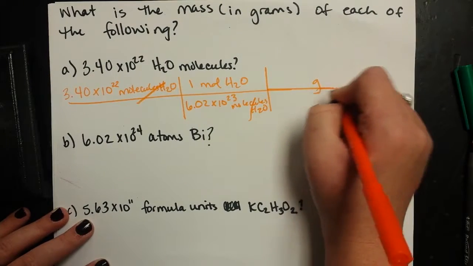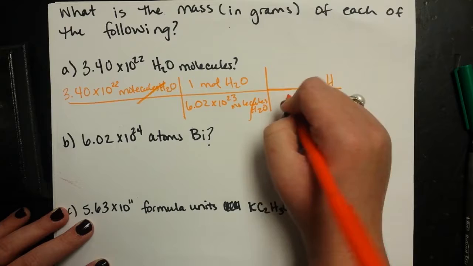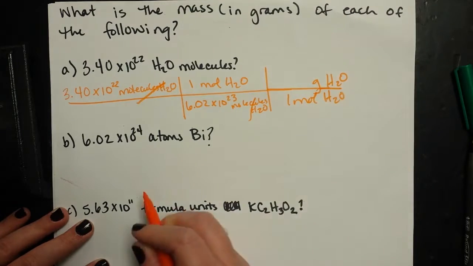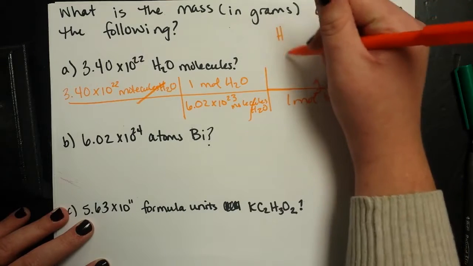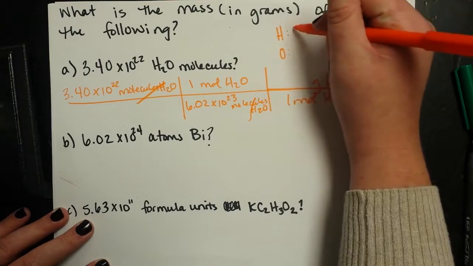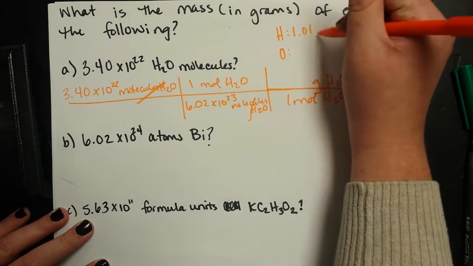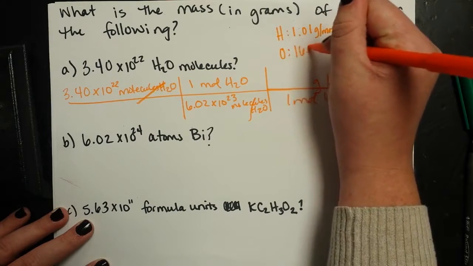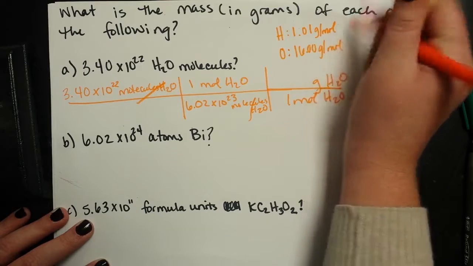So I know that I can find the relationship between mass and the mole by using the molar mass of water. Water is hydrogen and oxygen. Hydrogen has a molar mass of 1.01 grams per mole. Oxygen has a molar mass of 16 grams per mole.